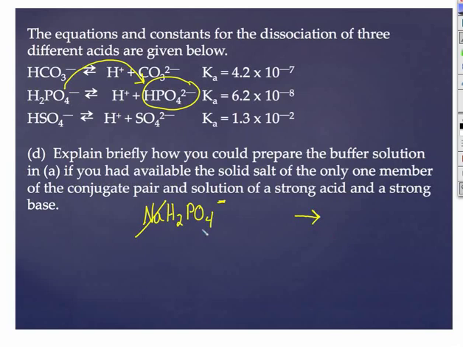Now, I want to somehow convert part of this, and remember an ideal buffer is close to 50-50, right? So I have an acid. If I want to react the acid, I'm going to add to it a strong base. Now, I don't want to neutralize all of this.